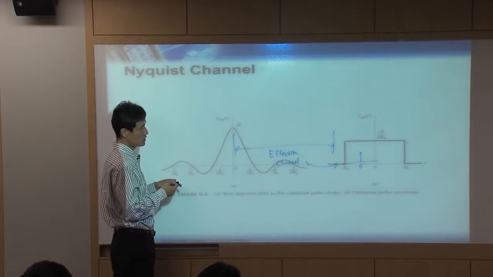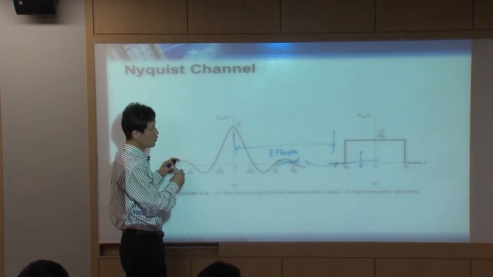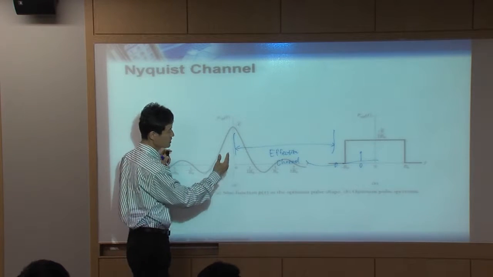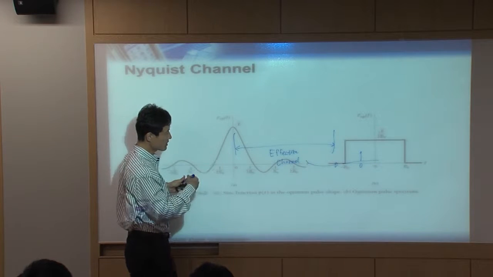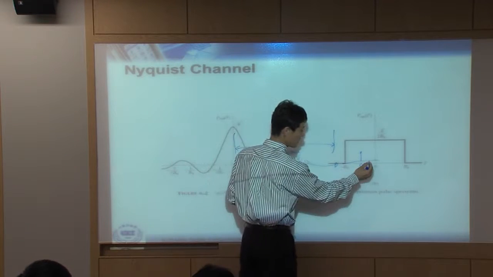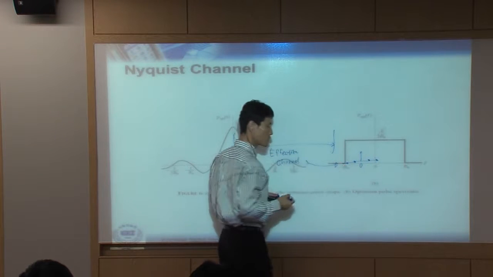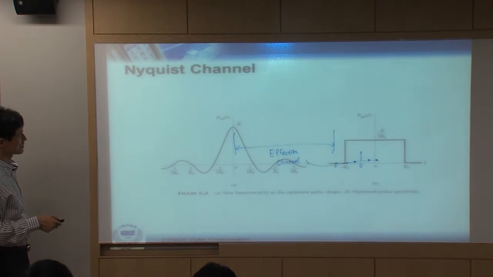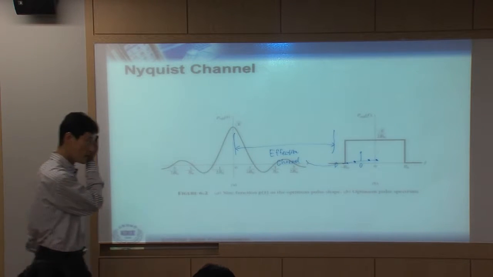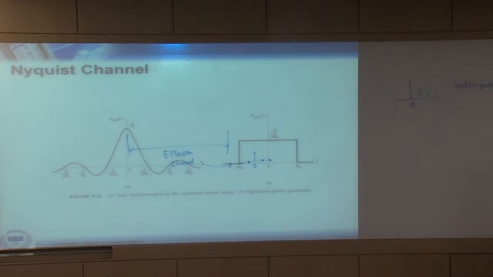But what we are trying to do is, in this continuous time impulse response, we are going to do sampling. Right? We sample here, here, here, here, so that when you sample it, it looks like exactly ideal impulse response in discrete time. So that is Nyquist channel. So we want to make a Nyquist channel.